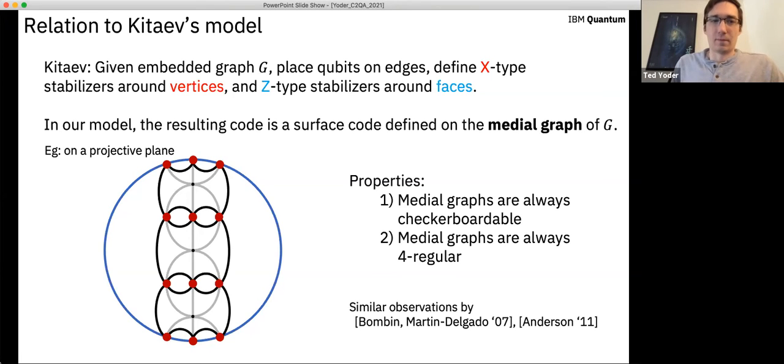This is an example in the projective plane. If you go through this process, you'll realize that medial graphs are always checkerboardable and always four regular. So codes defined using Kitaev's model are a subset of the codes defined in our model. And there are also similar observations about medial graphs made in these papers.